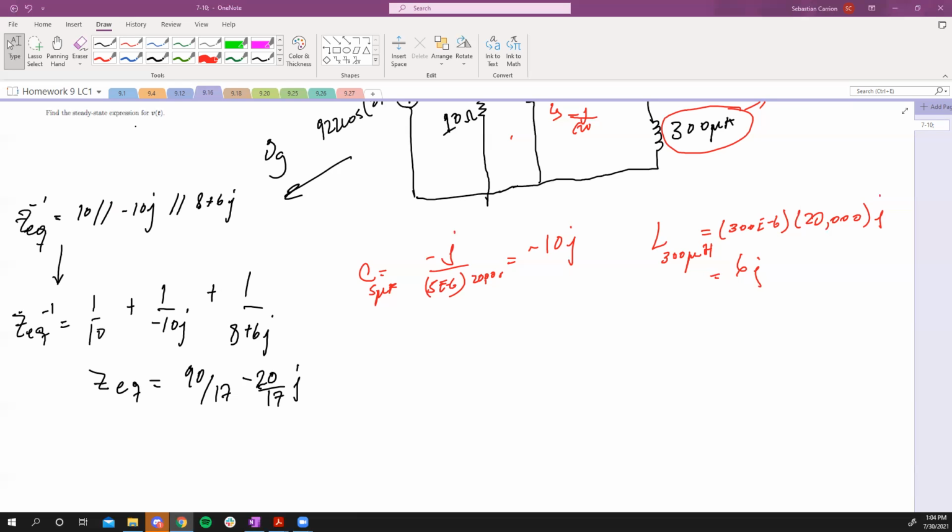Instead of calling it j in Symbolab, you call it i. That's what this calculator recognizes.